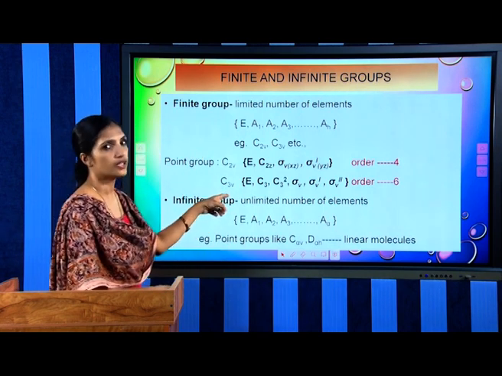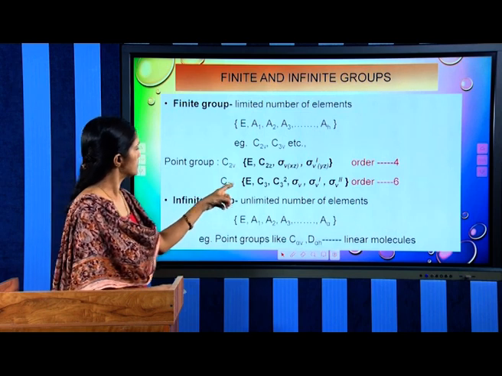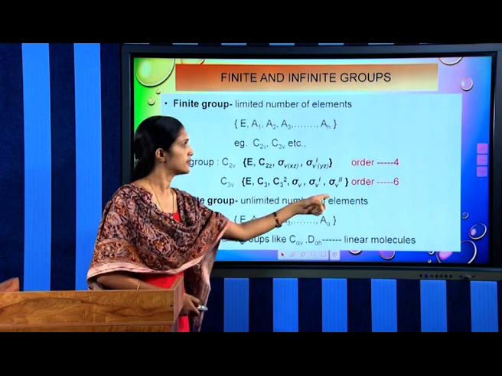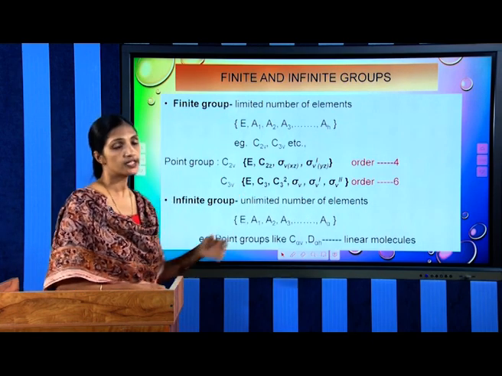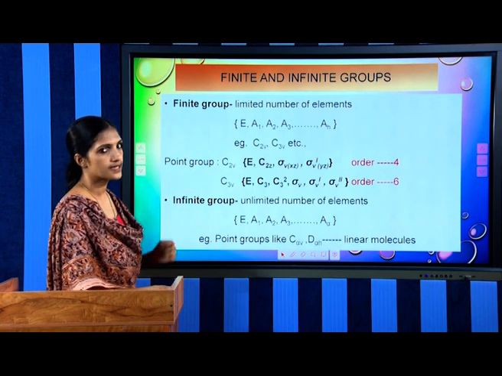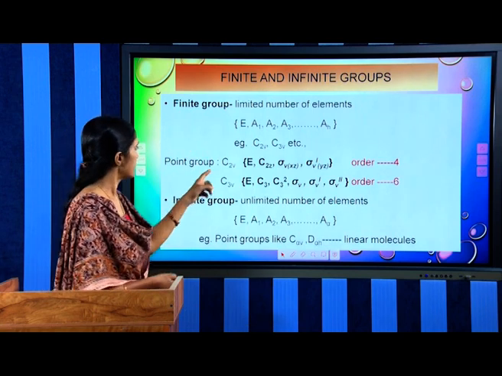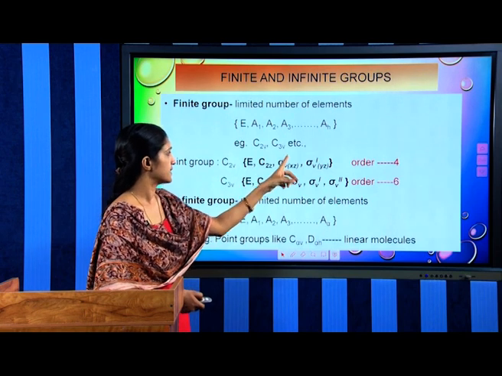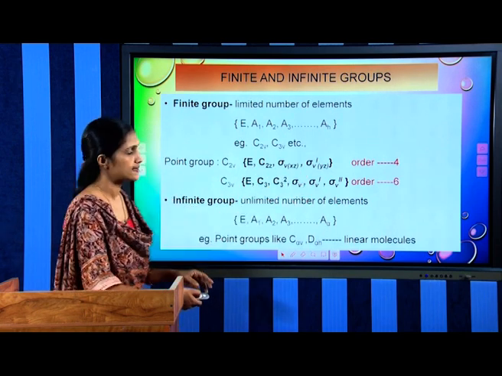Likewise, C3v also. This molecular point group also contains a limited number of elements, so it is also a finite group. The 4 elements of C2v are E, C2z, sigma v xz and sigma v dash yz.